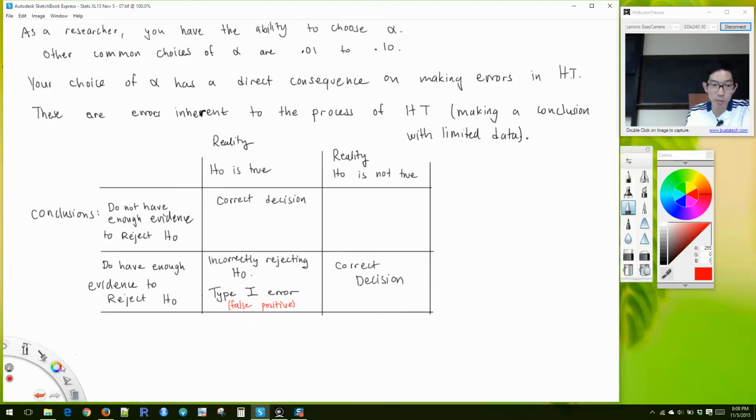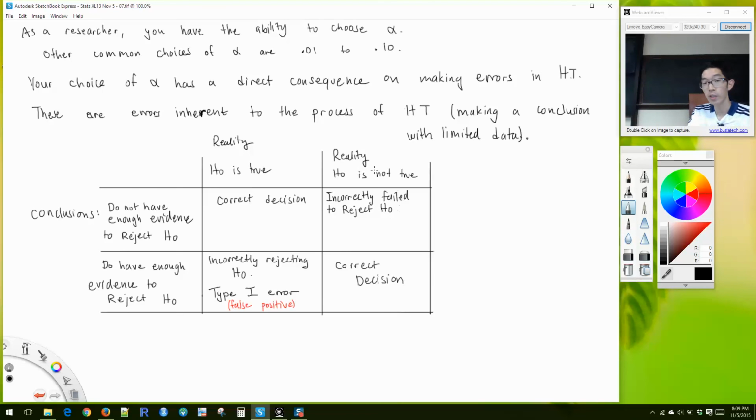But the terminology is not standardized on this, okay? And then the other thing would be that we incorrectly failed to reject the null hypothesis.